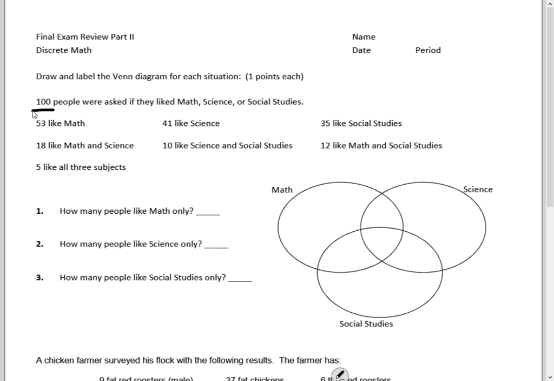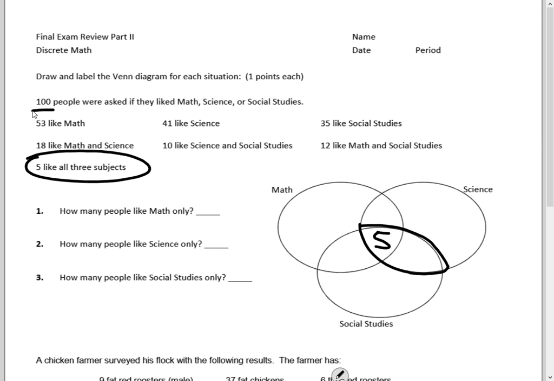So when we're starting with Venn diagrams, we don't start at the beginning, we just find our major intersection to begin with. If 5 like all 3 subjects, where does that go? Middle. We'll put that there. Be careful of your football shapes. If I look at this and this, that's the intersection between what 2 sets?